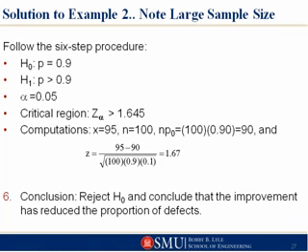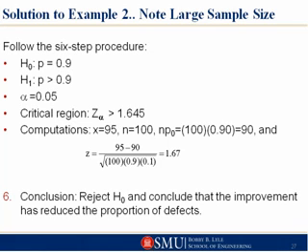X, the number of items that were successes, so to speak, is 95 out of the 100. The mean of this would be n times p naught, which is 100 times 0.9, which gives us 90. So how far above is 95 from 90 in terms of standard deviations? N is 100, p is 0.9, 1 minus p is 0.1.